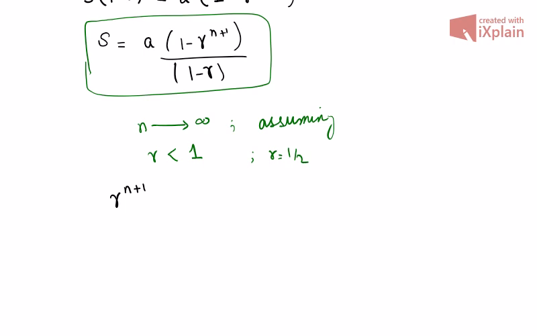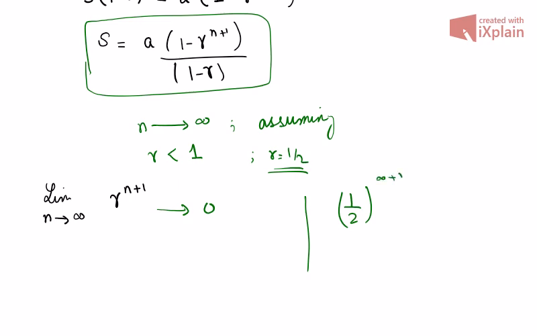Assuming that n approaches infinity, if we apply this limit, and we know that the value of r is less than 1, then of course, with something infinite in the power, this whole term approaches 0. We can just substitute 1 over 2 here and think of 1 over 2 raised to the power of a very big number, infinity plus 1.